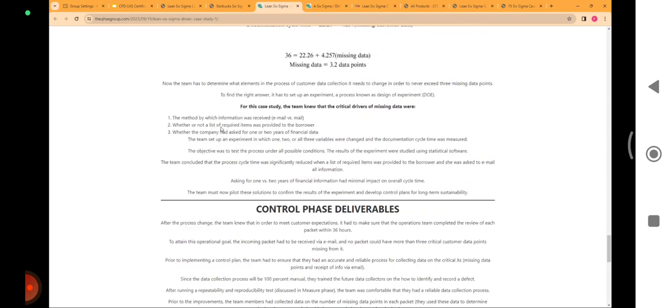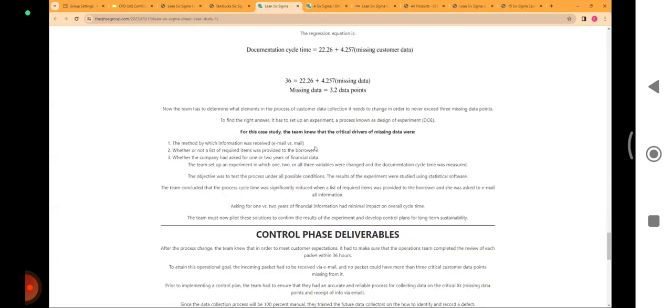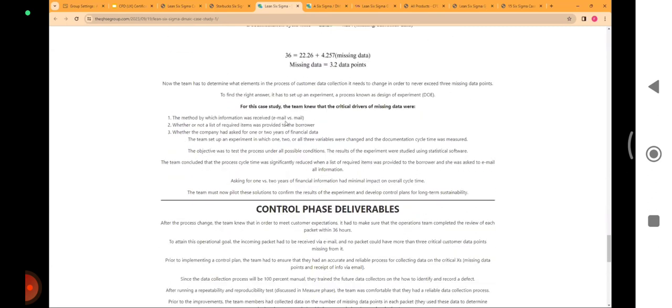So how is this going to happen? In order to make sure that they will never exceed 3 missing data points, they are going to compare applications received via email and via mail, and also when the list of required documents was provided or not provided, and also whether they asked for 1 or 2 years of bank statements.